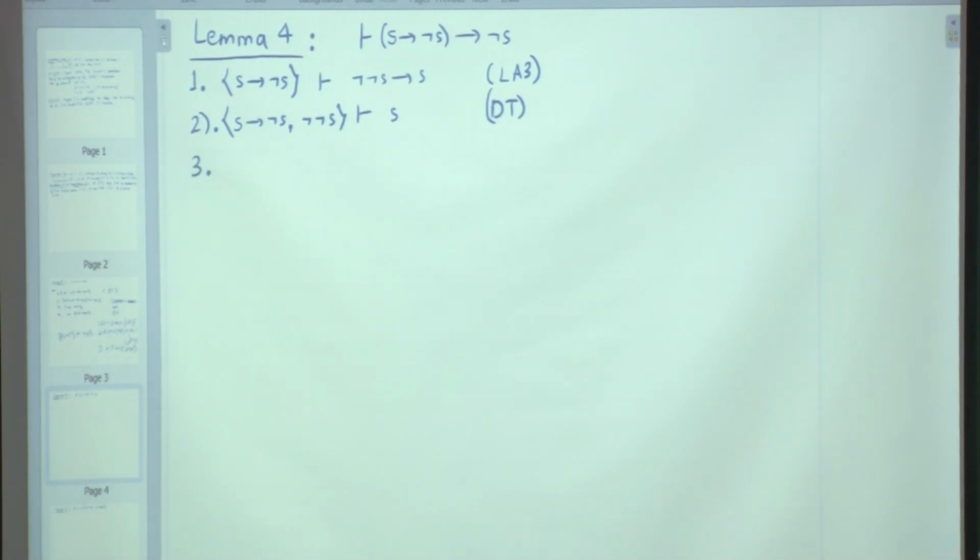Third line, we use NLA and then MP. Which NLA should I use? S implies negation S implies negation S, very good.